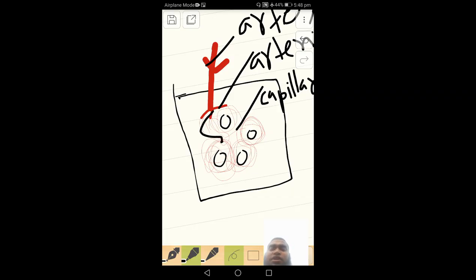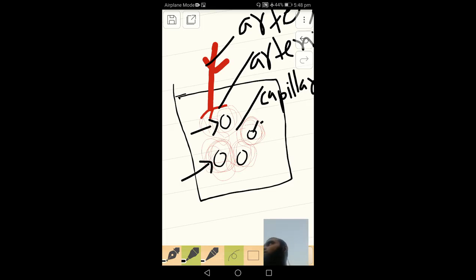The capillaries are now delivering oxygenated blood to the cells, and then they are collecting the carbon dioxide and other waste materials from the cells.